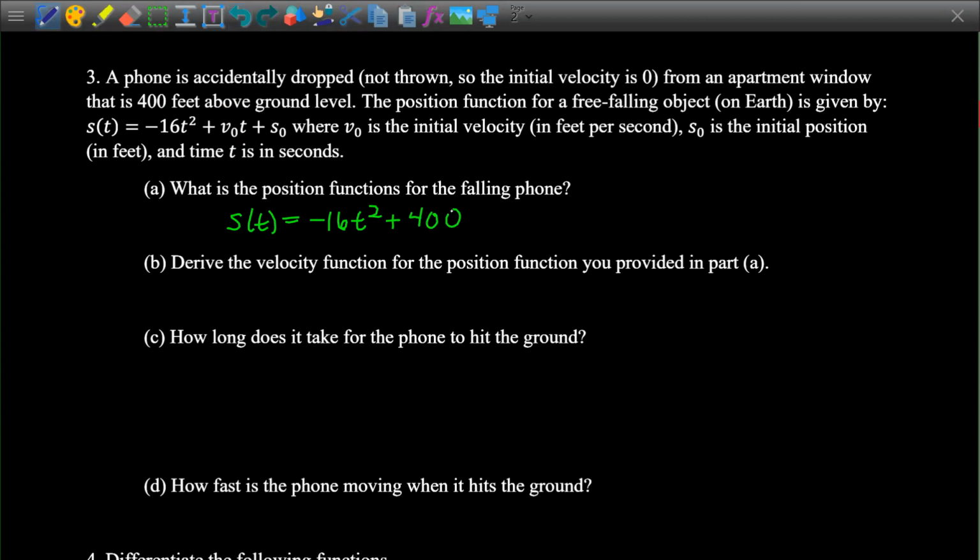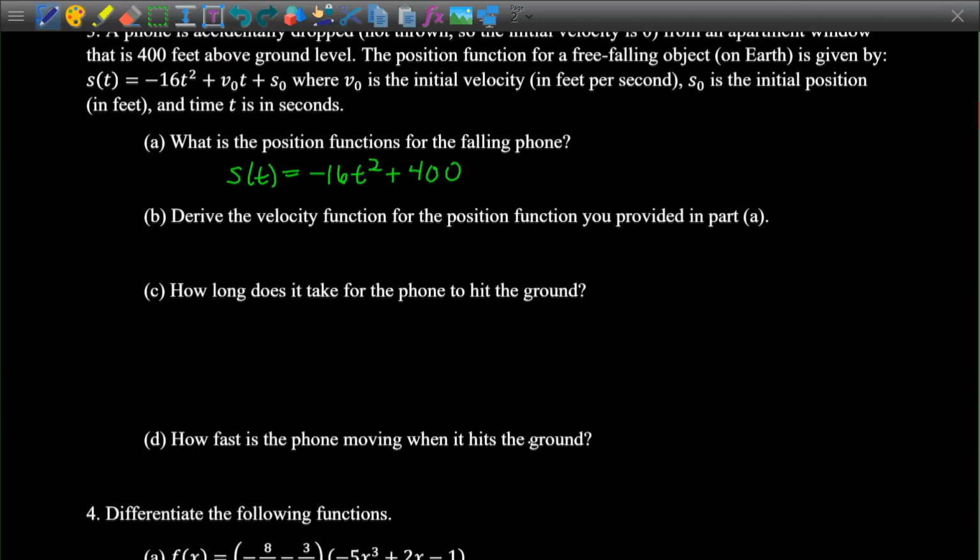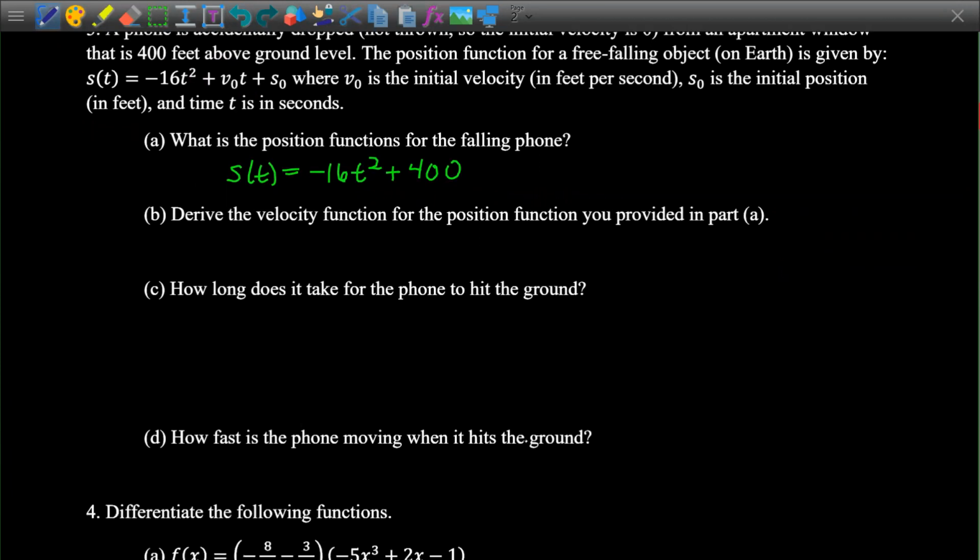Derive the velocity function for this position function, and the velocity v of t is going to be the derivative of s of t, and this is going to be minus 32t. That's the derivative of minus 16t squared, and then the derivative of that constant is 0. So we're done with part B.